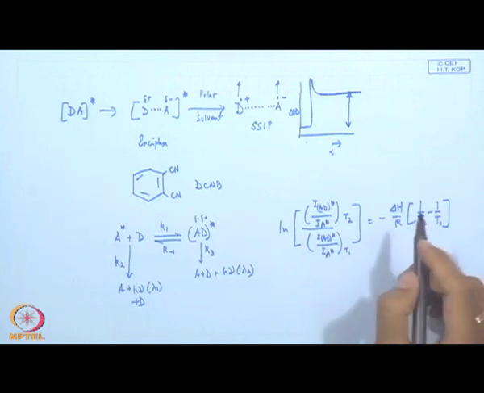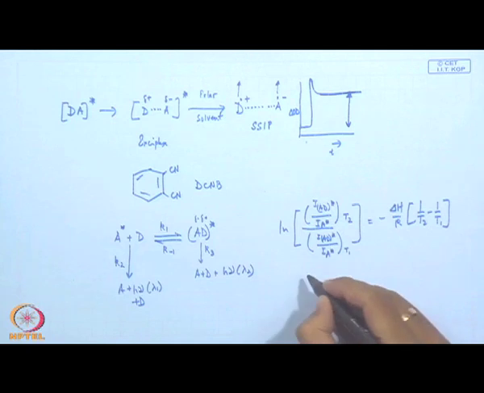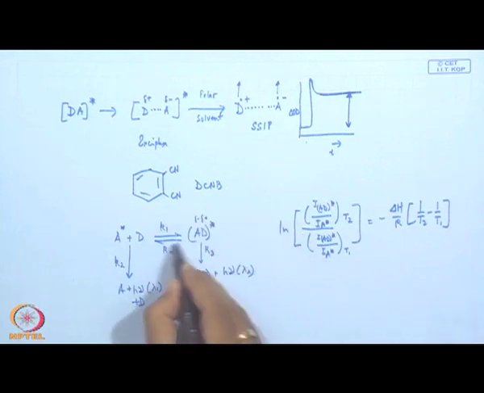Enthalpy is negative, so more dissociation will take place, and therefore fluorescence intensity will decrease with temperature. But in the other case, if K minus 1 is slow, this coming back is slow, that means it is a barrier.